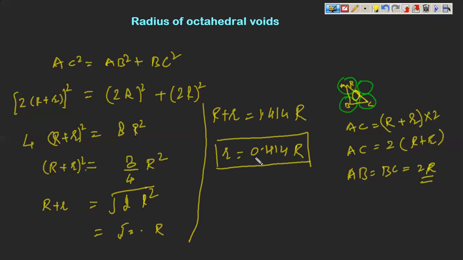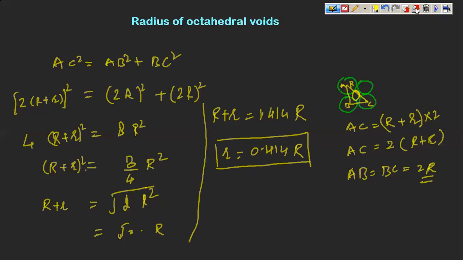It means the radius of the octahedral void is 0.414 times the radius of the sphere.